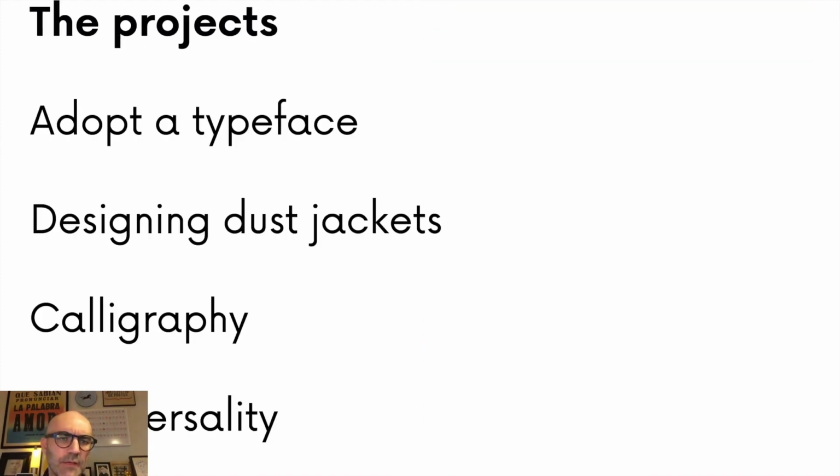So after getting to know all this, we jump into the four projects I am going to show you, right? First of all, we introduce secondary school students to the world of typography, and after that, we develop these projects.